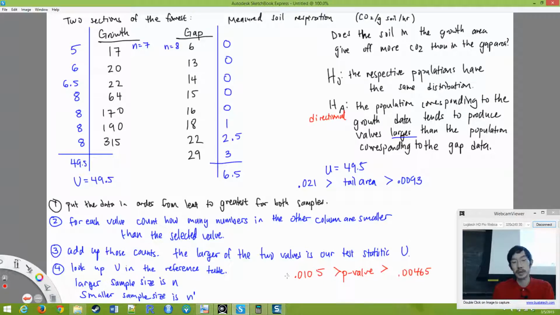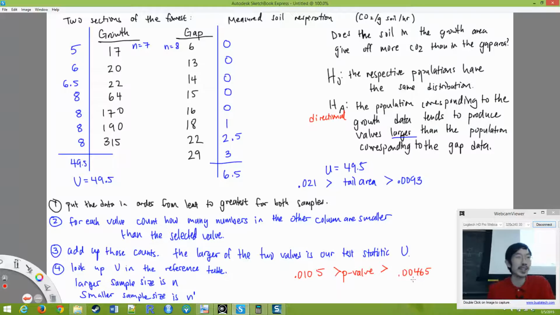Okay, so this is my p-value. It is less than 1% and more than 5 thousandths, more than half of a percent.